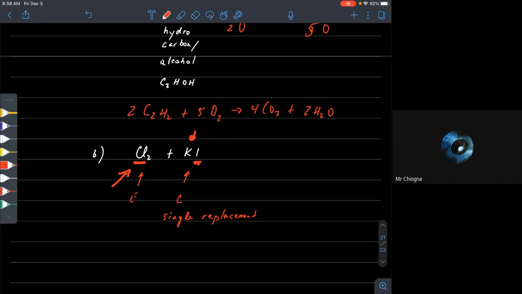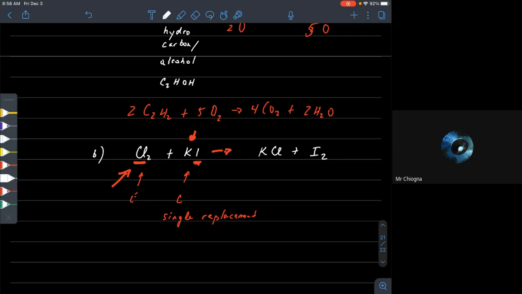That's the trick. Okay. So this produces, doesn't matter the order, I'll put the K first. KCl. It kicks out the iodine, you get I2. Not I, but I2 because I is diatomic.